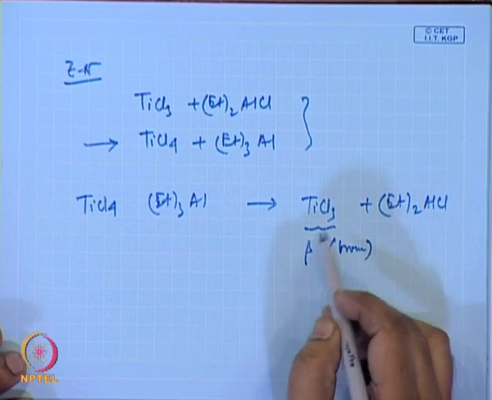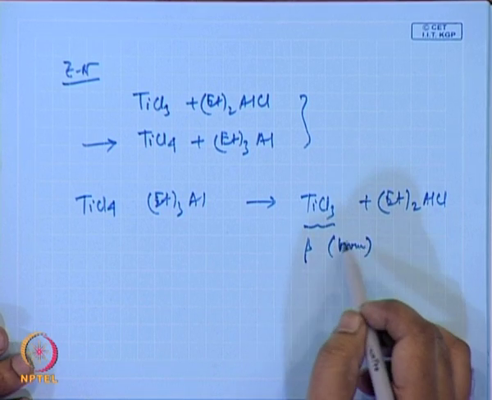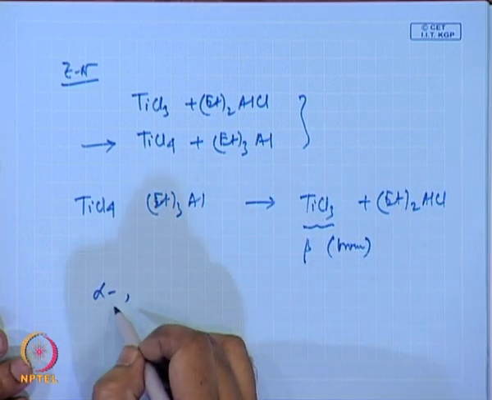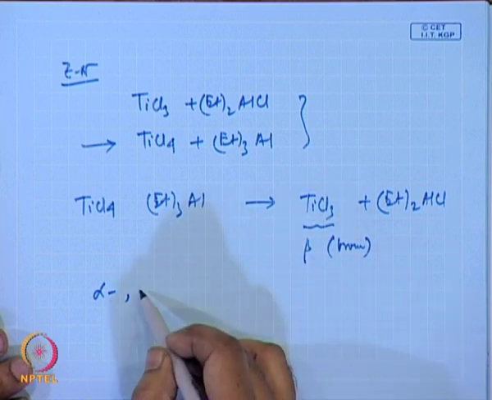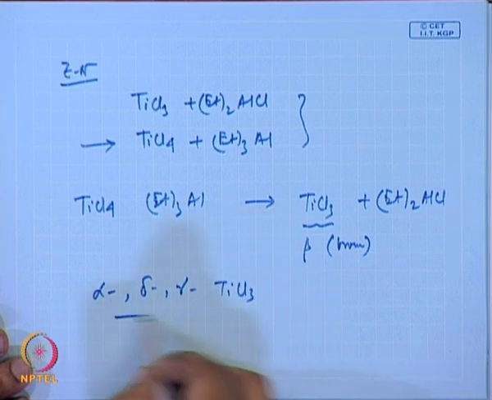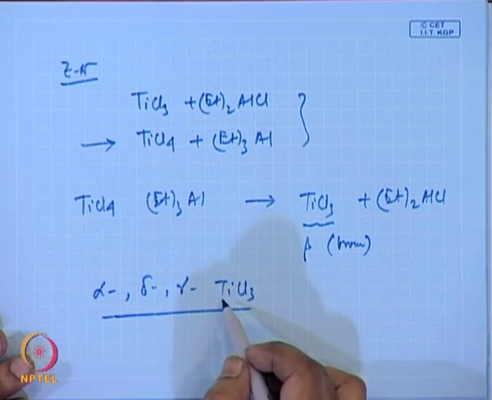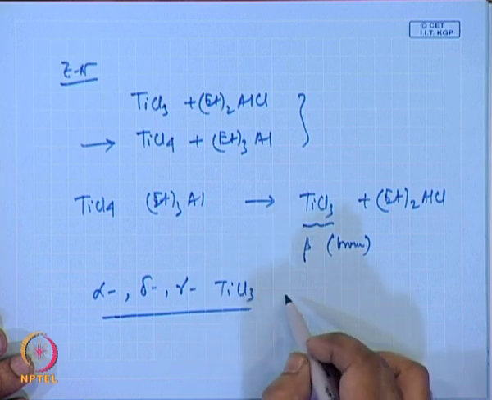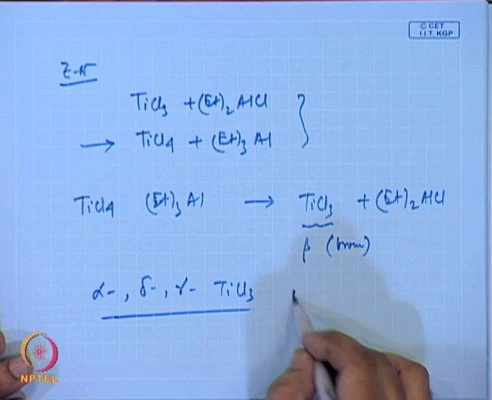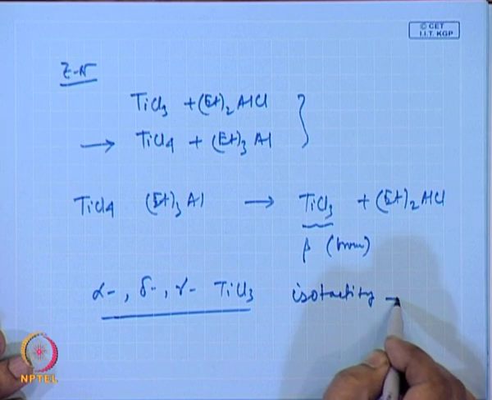This beta form does not have very high selectivity. What Natta found was that instead of using beta, other forms of titanium trichloride like alpha, delta or gamma give very high stereospecificity, a very high amount of isotacticity.